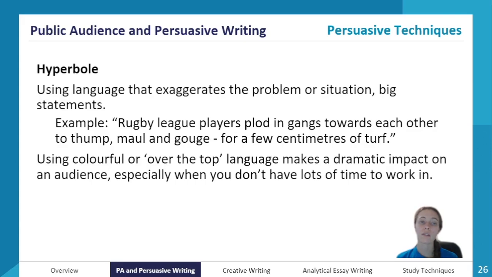So that is a simple example of hyperbole. And using colorful or over-the-top language is going to make that dramatic impact on an audience. And it can be really effective when you don't have much time to work with, because it doesn't take much for you to exaggerate something like this.